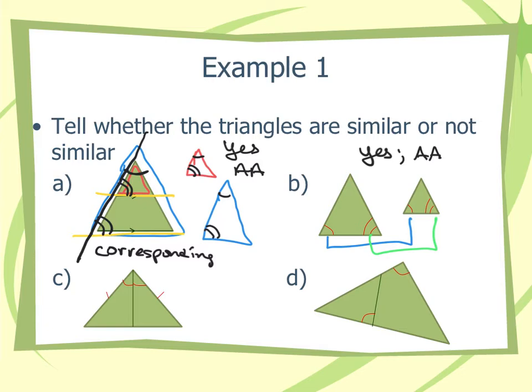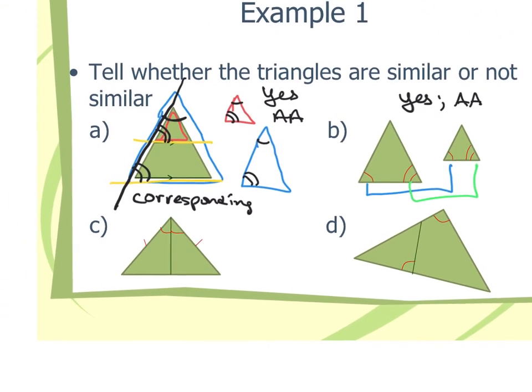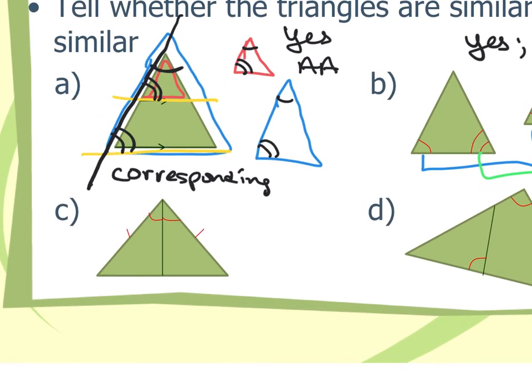Example C. Again, all I have marked originally as given is an angle and a side. Now, if I were asked to prove these congruent, I could use the reflexive side and say side, and both angles are congruent. All congruent triangles are similar, but in order to prove that these are similar by that shortcut, I need to come up with another angle pair.